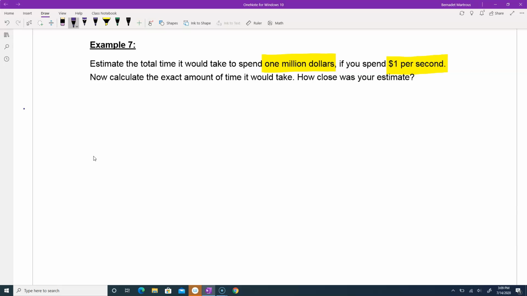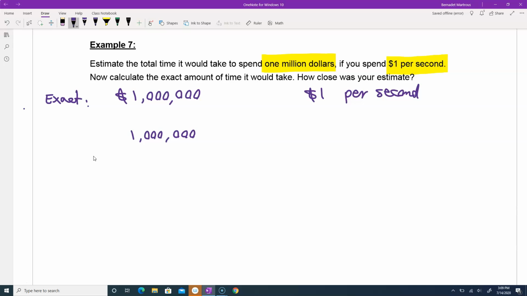What we have for exact, since we have $1 million and we have $1 per second, that means that we have 1 million seconds. So this is what exact is.